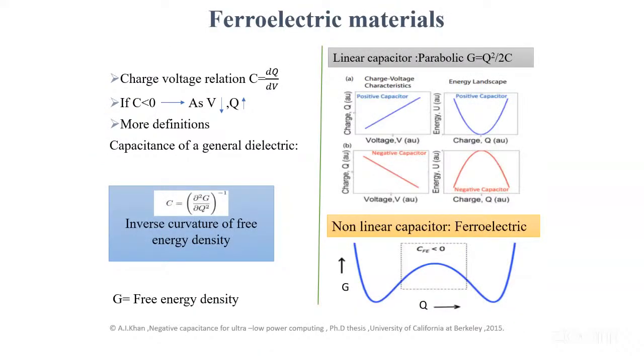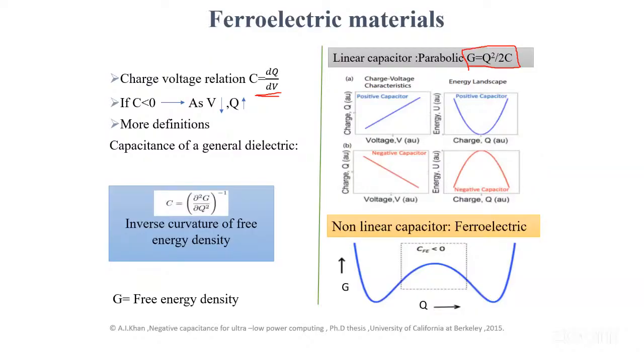So moving further, you know that the relationship between the capacitance, voltage and charge is C equals dQ by dV, right? Now, the energy stored inside the capacitor is Q squared by 2C, and G is the energy.